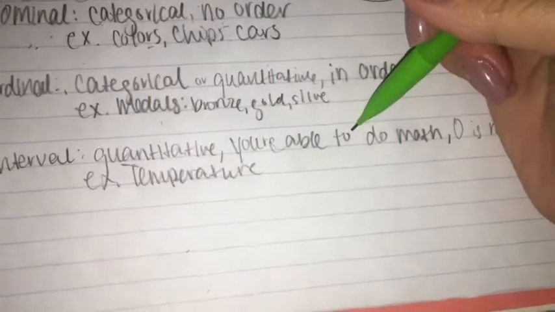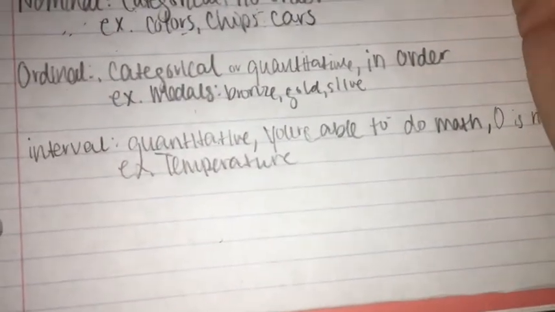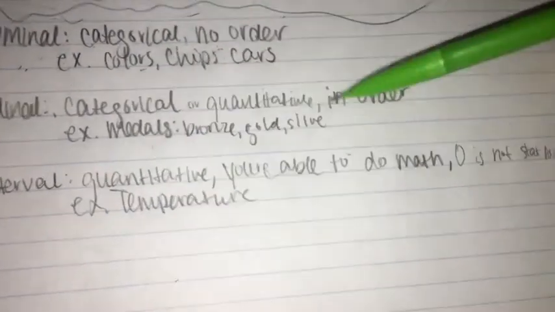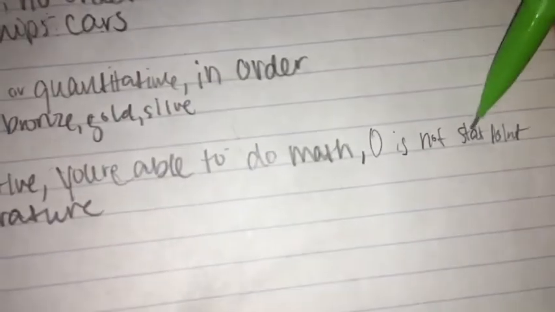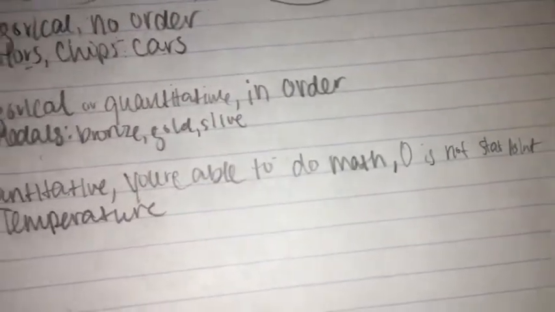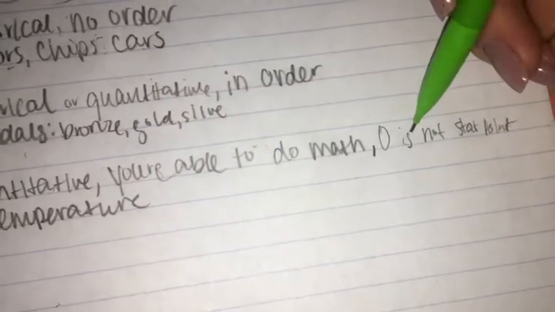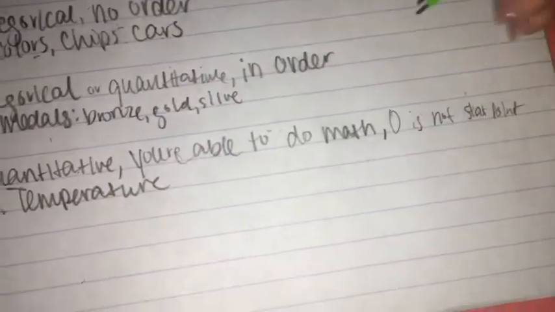An example of this would be temperature. Since temperature is numbers, it is quantitative, and you can do math. You could check if yesterday's temperature was more than today's temperature by subtracting them from each other to see exactly what the difference was. And 0 is not your starting point. Temperature can actually be below 0 because you do get below freezing. So it could be either below or above 0, and since it can be below 0, it would be categorized as interval.